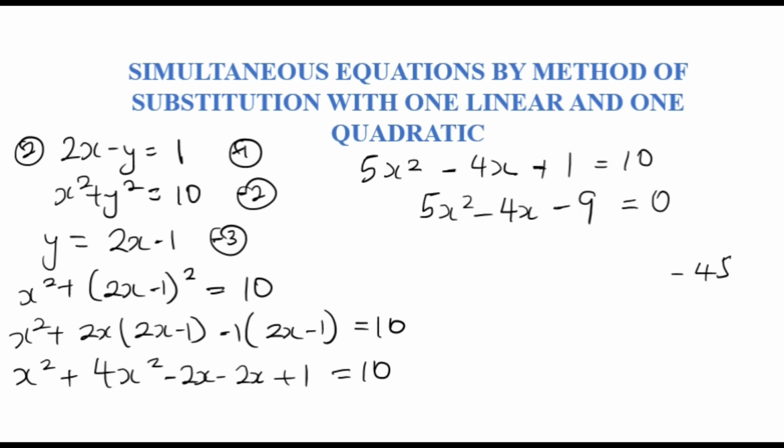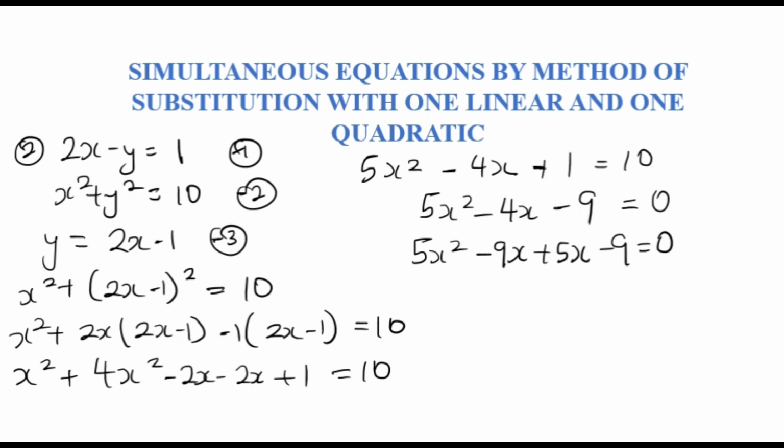So we need to find two numbers which multiply to give us negative 45 and also add to give us negative 4. So we have negative 9 and we have 5. So negative 9 plus 5 will give us negative 4. So we replace negative 4x with negative 9x plus 5x. So we have 5x squared minus 9x plus 5x minus 9 equals 0.